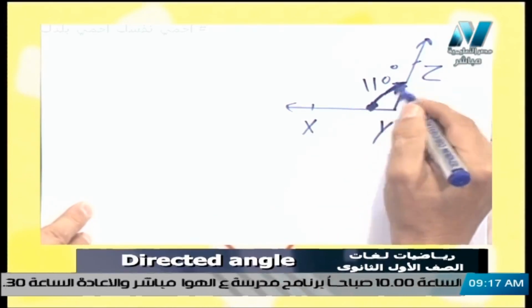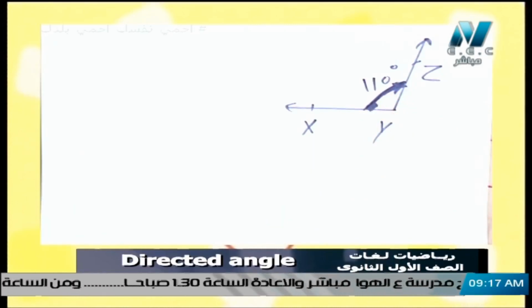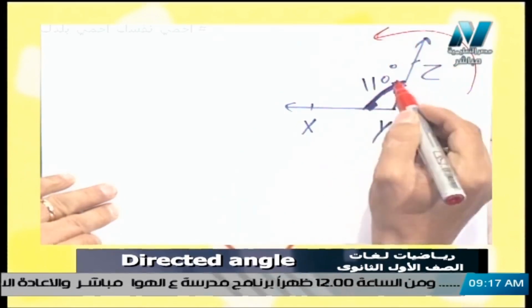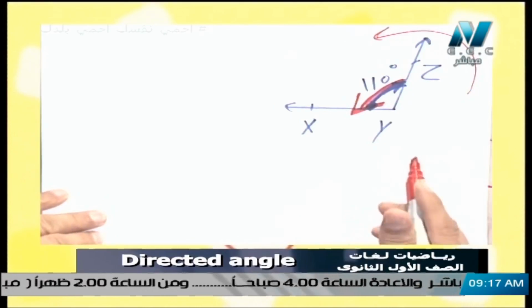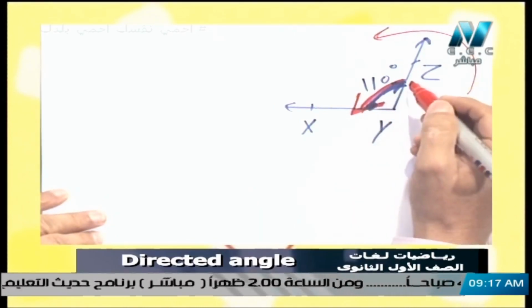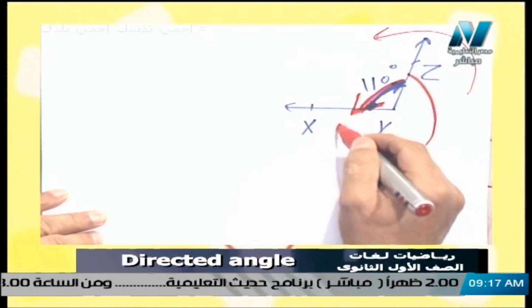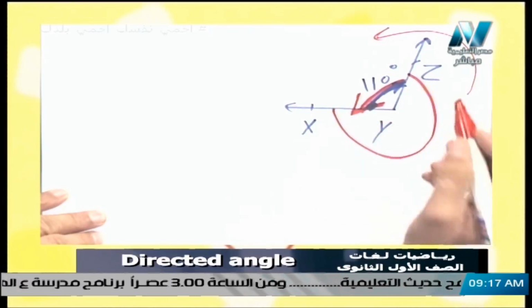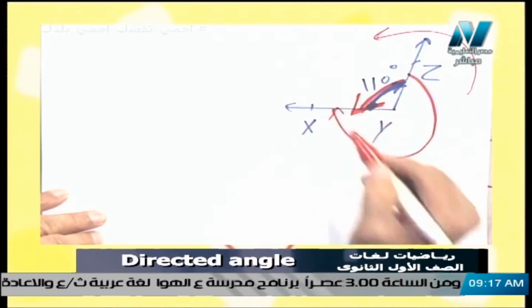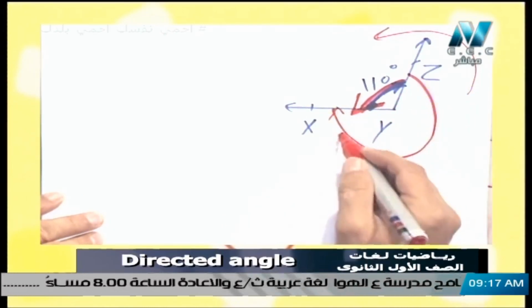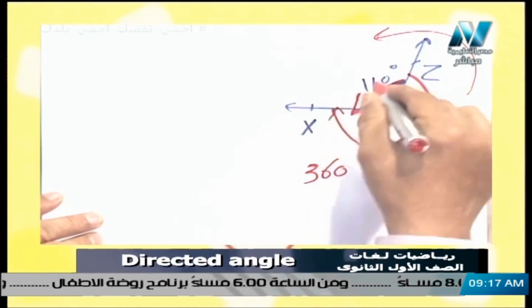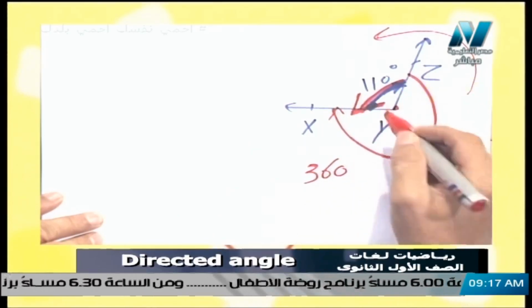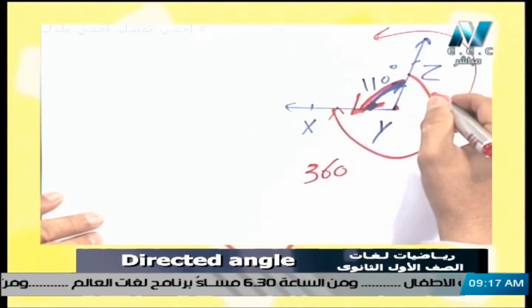The direction will be anti-clockwise like this, so it will be this direction. This is the positive angle. The positive angle has another negative angle. We get it by subtracting from 360, because we know that the cumulative angle about a point, as a circle, equals 360.